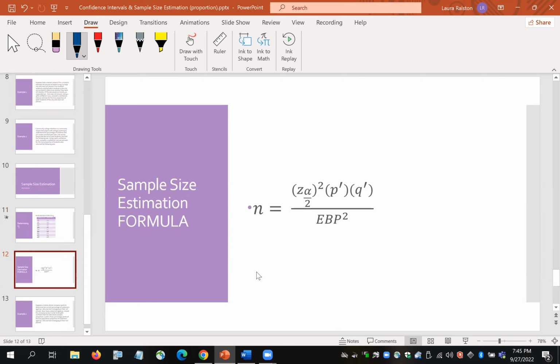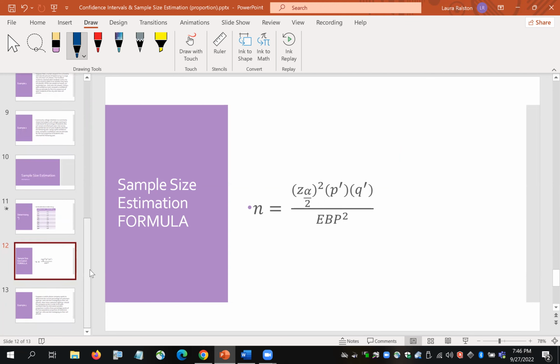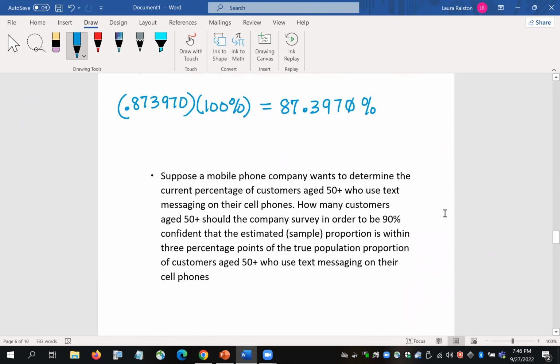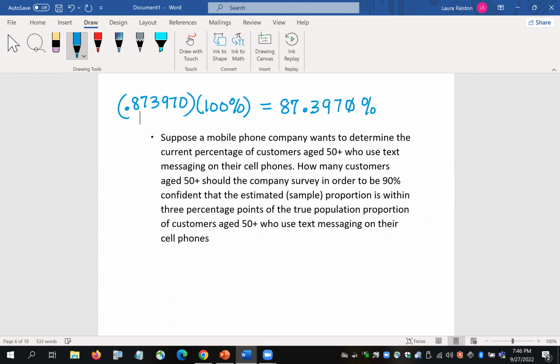The formula is slightly different. You have to have your critical value, you square it, multiply it times your point estimate for success, times the point estimate for failure, divided by your error bound for the percentage or your margin of error squared. Different formula, same thought process. Everything is given to you in the problem. Well, I don't think Q is, so we have to calculate Q.